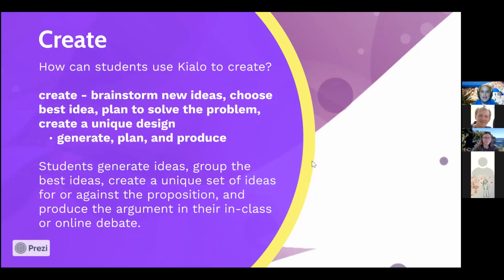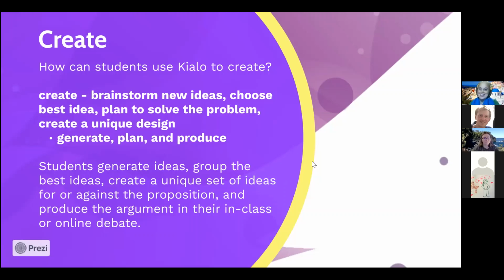So generate, plan, produce. We think this is probably the most challenging for Kialo Edu, because it means creating something completely new. I think when they're creating their Kialo tree itself, it's new, something that's not been there before.